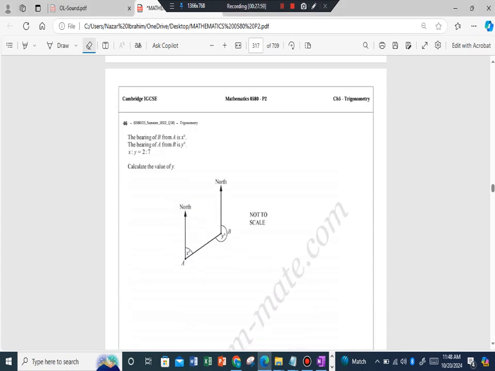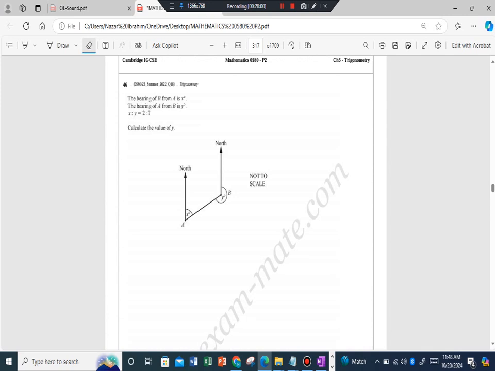Hope everybody is understanding all the questions. Okay, the bearing of B from A is x and the bearing of A from B is y. You see, when it is saying from B, it means from the north of B to A. And if it is saying bearing of B from A, it is from the north of A to B, right?